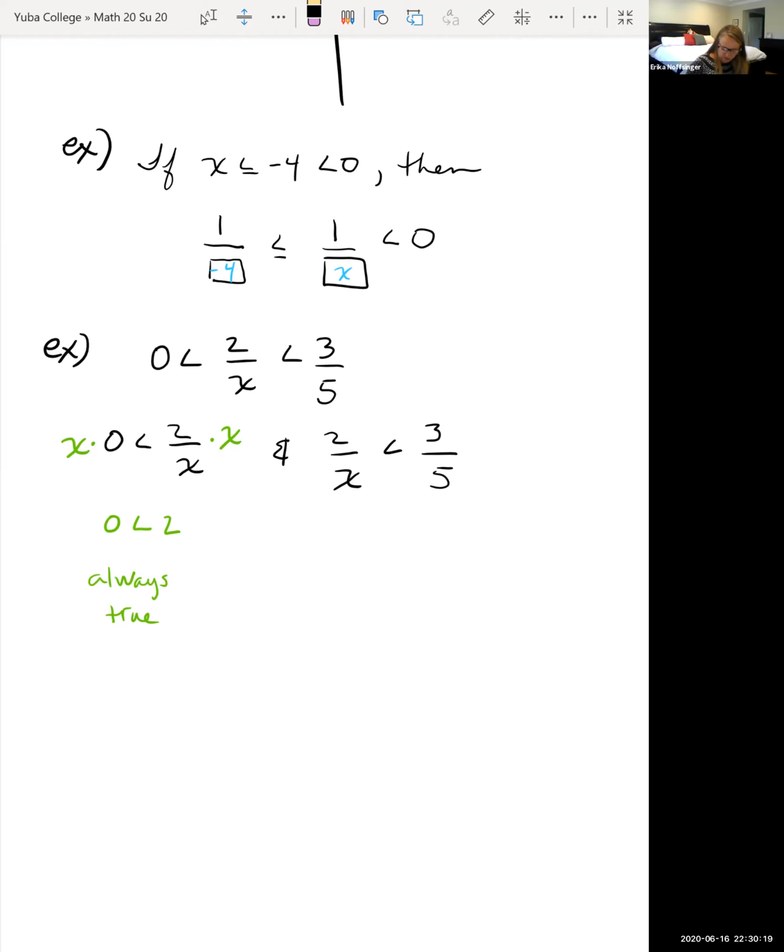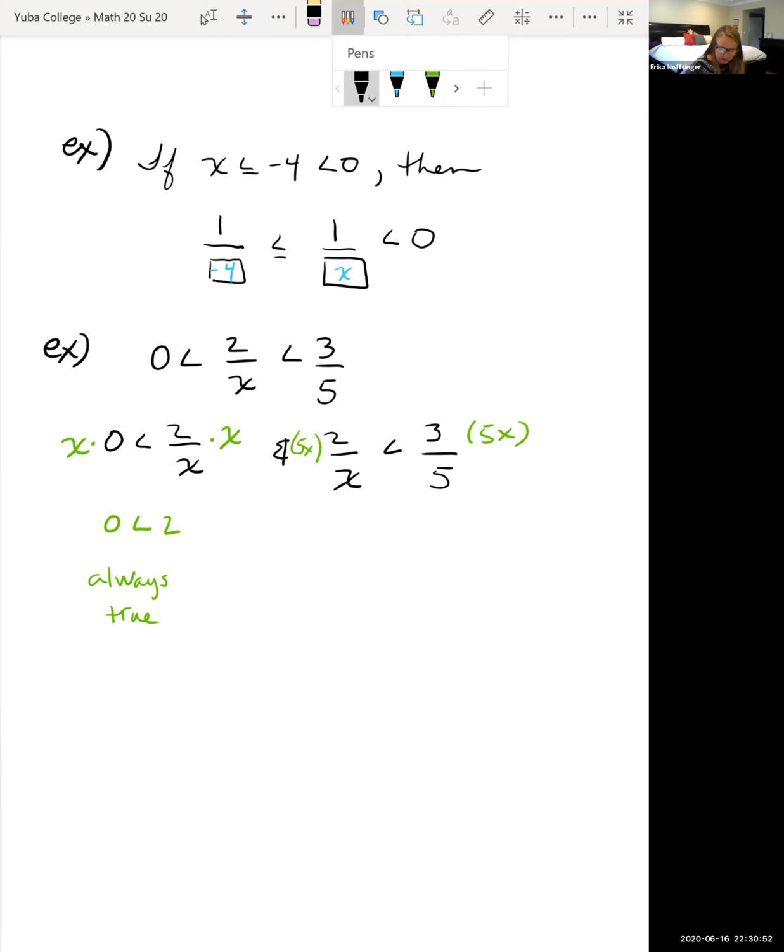And so and means intersection. We have to take what they share in common. Now if I solve this inequality over here, I can clear the fractions by multiplying both sides by our LCD, which is 5x. Multiply this side by 5x, and here I have 5x.